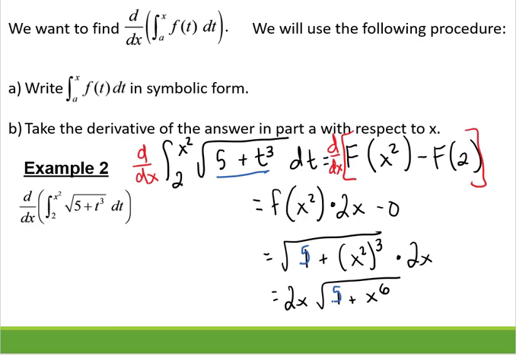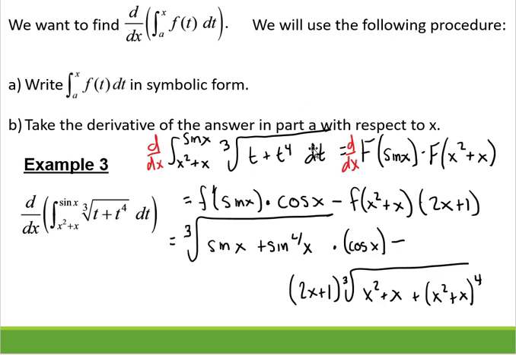If I have a function there, I have the derivative of it outside. On this one, again, the same thing. I have the function being evaluated at whatever my function is, times the derivative of that function that I plugged in. Same thing over here, okay? So that's the idea behind the fundamental theorem of calculus part 2.